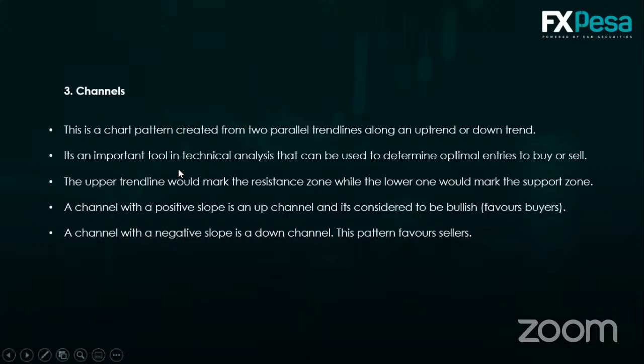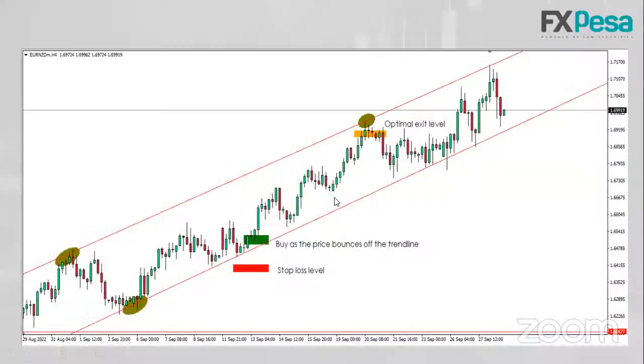It is an important tool in technical analysis that can be used to determine optimal entries to buy or sell. The upper trend line would mark the resistance zone, while the lower trend line would mark the support area. So you'd have such a structure. This is called an ascending channel.